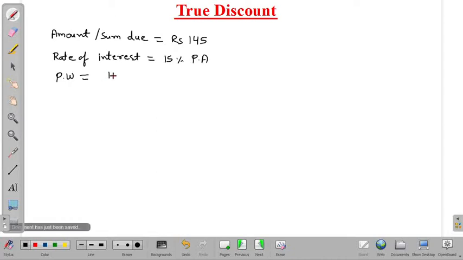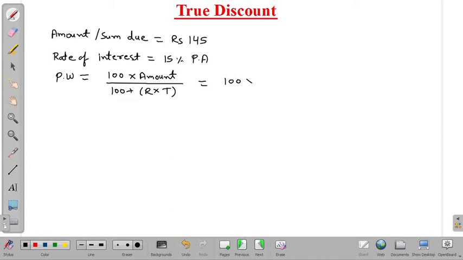We can use the formula: present worth equals 100 into amount divided by 100 plus rate of interest into time. Substituting the values: the amount is 145 rupees, rate of interest is 15% per annum, and time period is 3 years, because there were 3 years remaining when he decided to settle the loan.